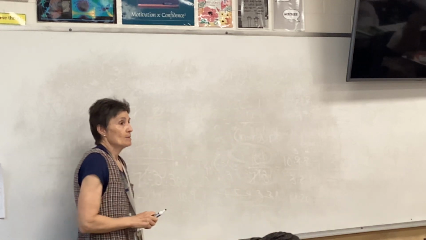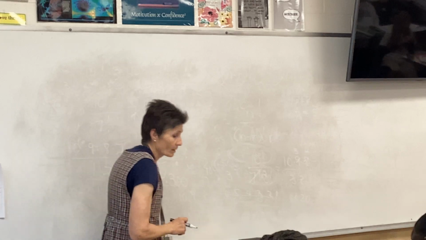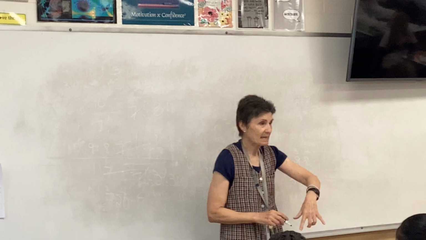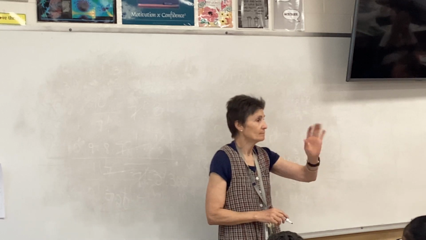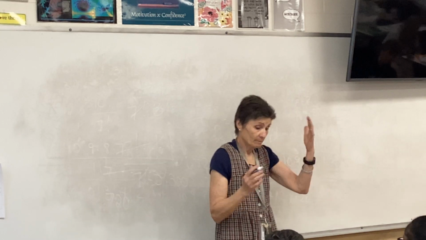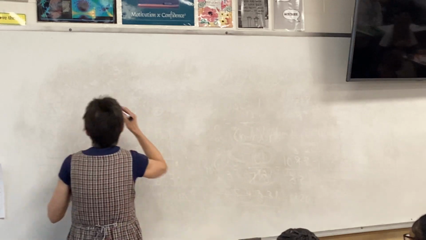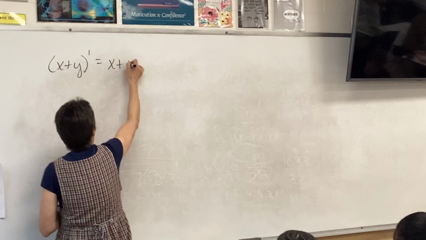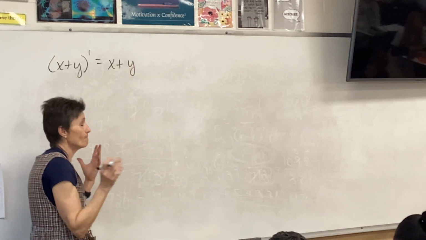All right, so here we go. For this first beginning here where it says expand, well, some of them you know. The first one, x plus y to the first is just gonna be x plus y, agreed? Easy.